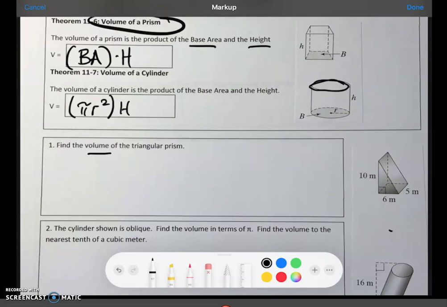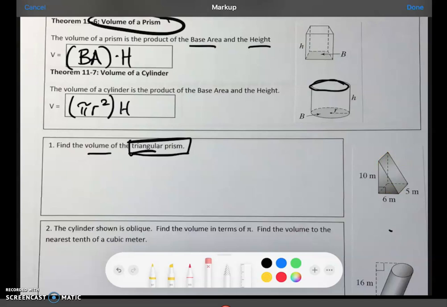Find the volume of this triangle prism. Again, they tell you that this is a triangle prism. Do not look at this picture and say, okay, the base is a square, because there needs to be two parallel and congruent bases to be considered a square prism. There is no base up above that matches this yellow base on the bottom.